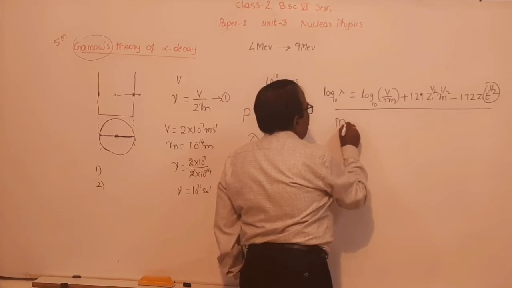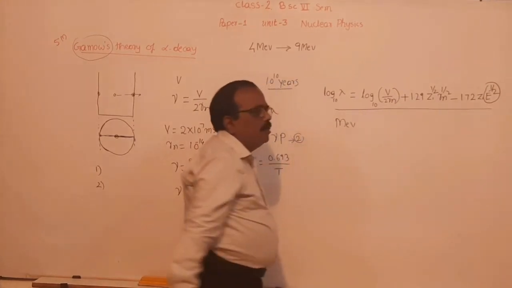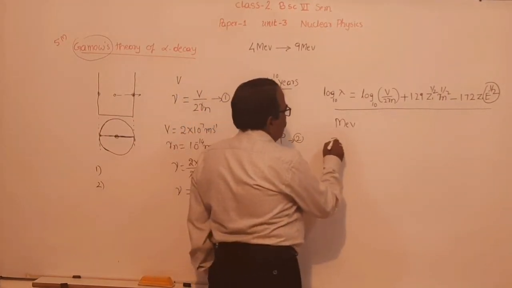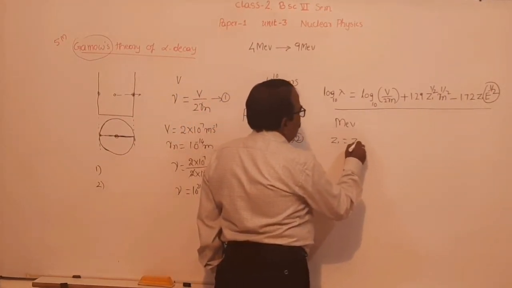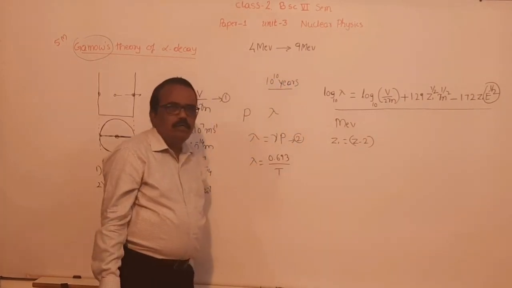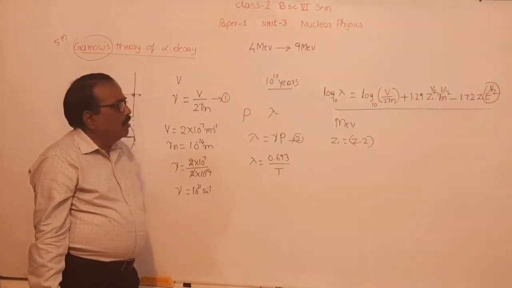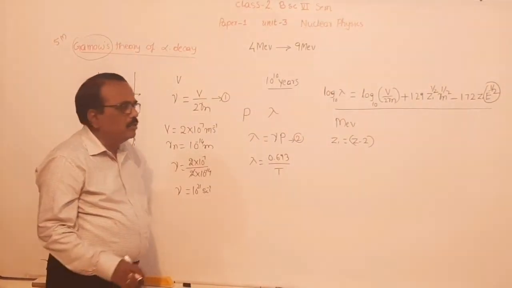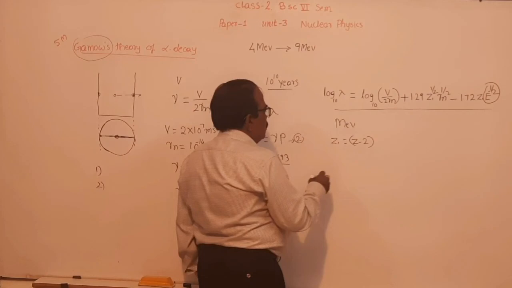That energy is measured in mega electron volts. Here Z1 is equal to Z minus 2, the atomic number of the daughter nucleus.